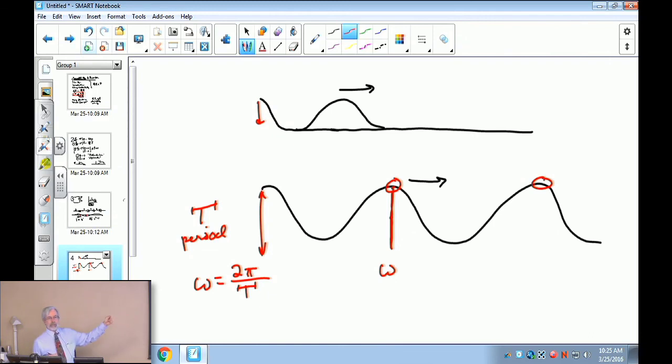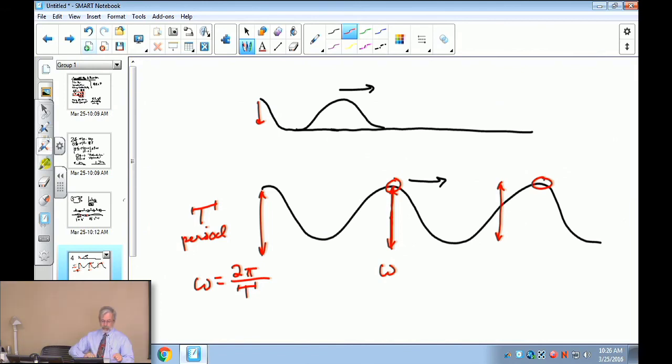It's going to have the same period somewhere else. It can't have a different period. So this periodicity in time is repeated in other places, and the propagation does it in such a way that the period of the motion is maintained everywhere.